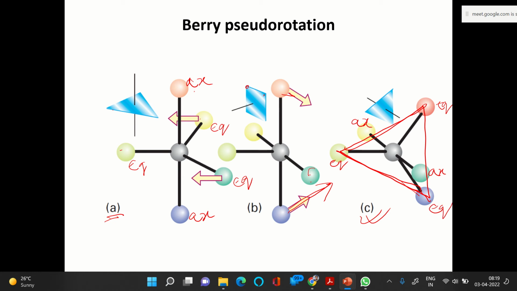Earlier you have learned that in a trigonal bipyramidal geometry, the equatorial bonds are shorter, axial bonds are longer, right? So based on that, the environment around the nuclei would be different.